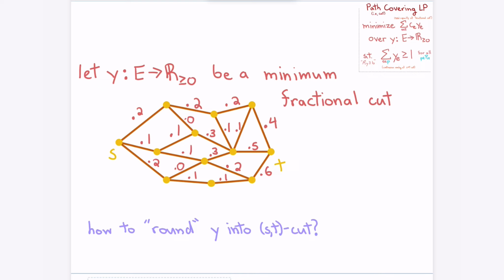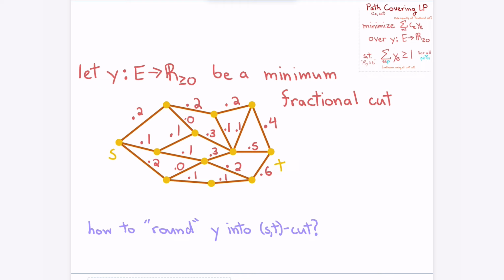Like independent rounding. Okay, so independent rounding is a natural idea. For every edge, the one that's labeled 0.2, let's flip a coin with probability 0.2.